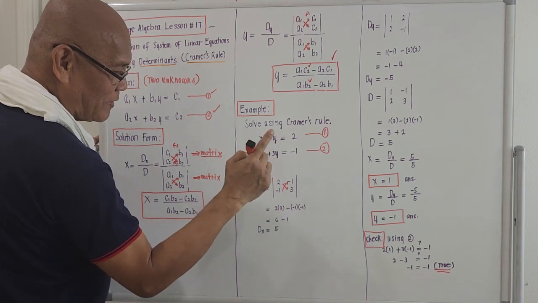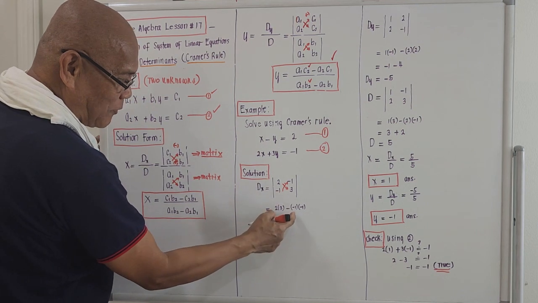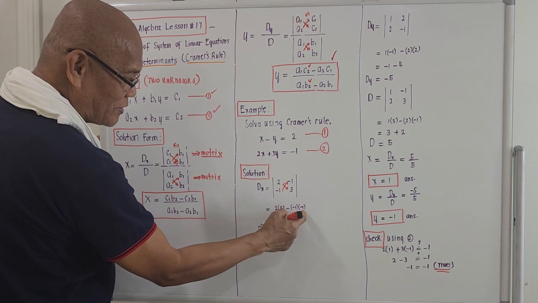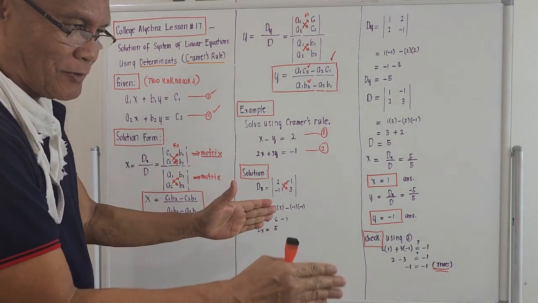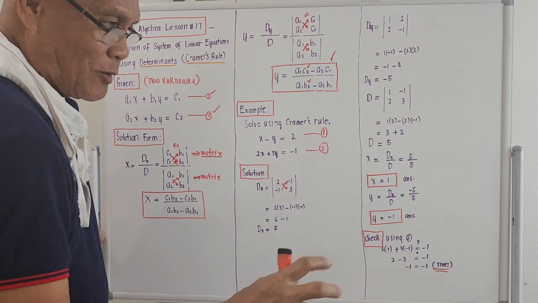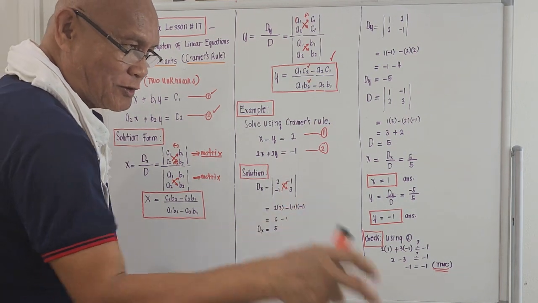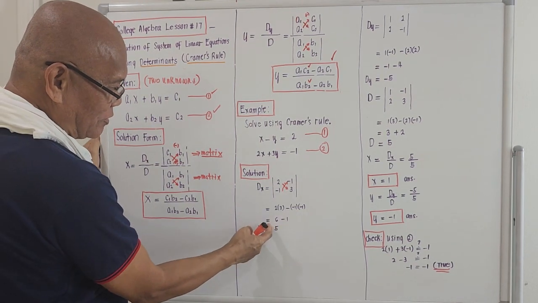Okay, but be careful with the sign of the elements inside. This is negative 1, so I place a quantity negative 1 times a negative 1. Then use your knowledge on fundamental operations and how to simplify, right? That's why in the study of college algebra, we started with fundamental operations. So this will now be 6, 2 times 3 is 6.